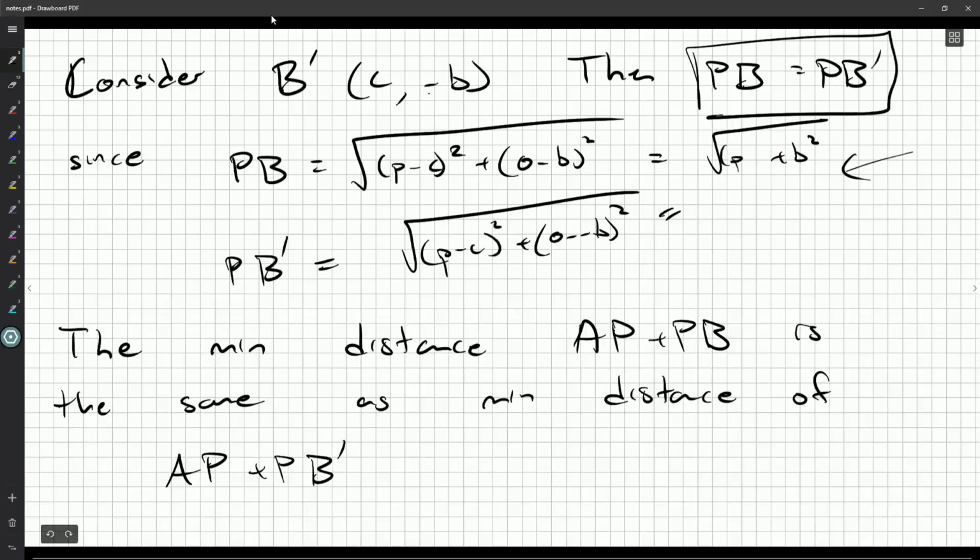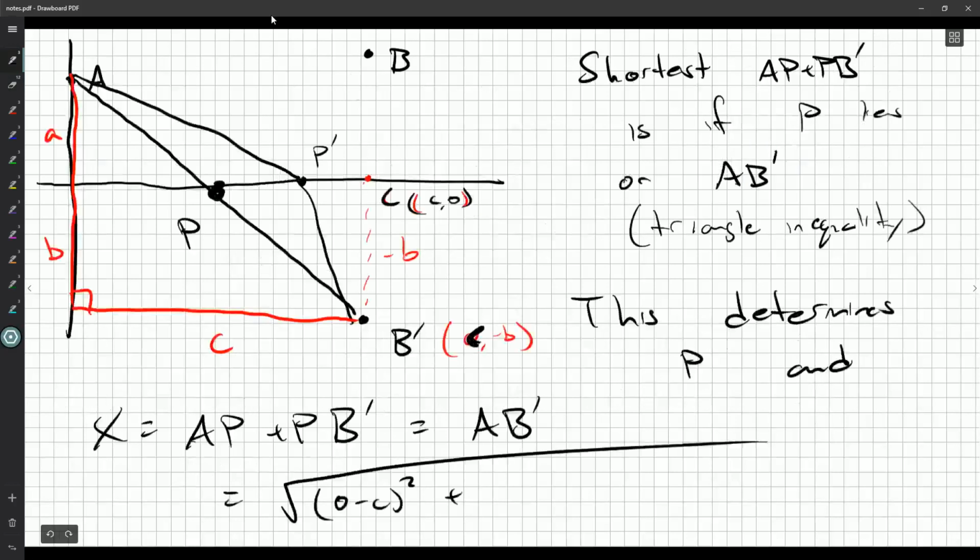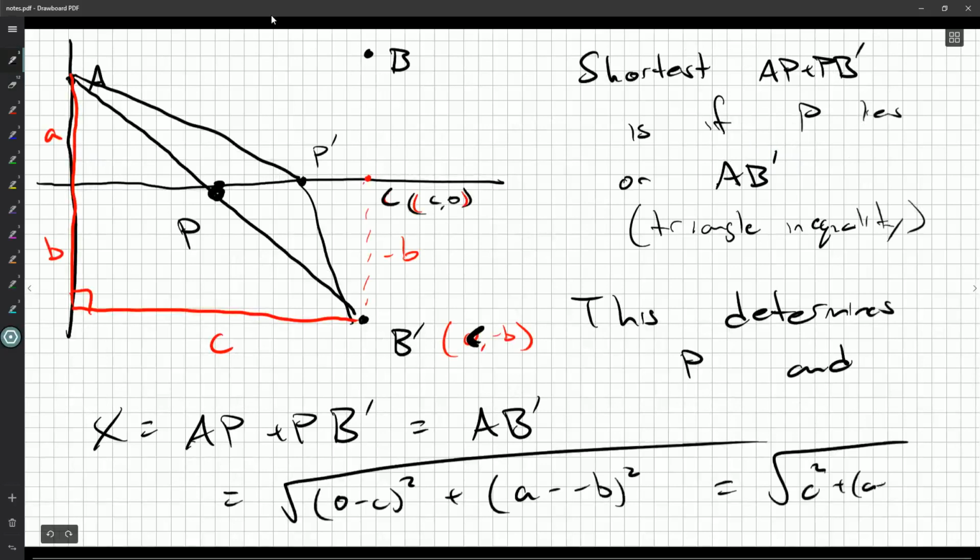Doesn't change anything, but we want to be correct because we want to earn marks. So you could say 0 minus c, plus a minus negative b, all squared, and then it's c squared plus a plus b squared, all square rooted. That would be fine, or you could say by Pythagoras because we've got a nice little right angle triangle here. Either way would be fine, and we've got our distance. We know what that minimum distance x is.